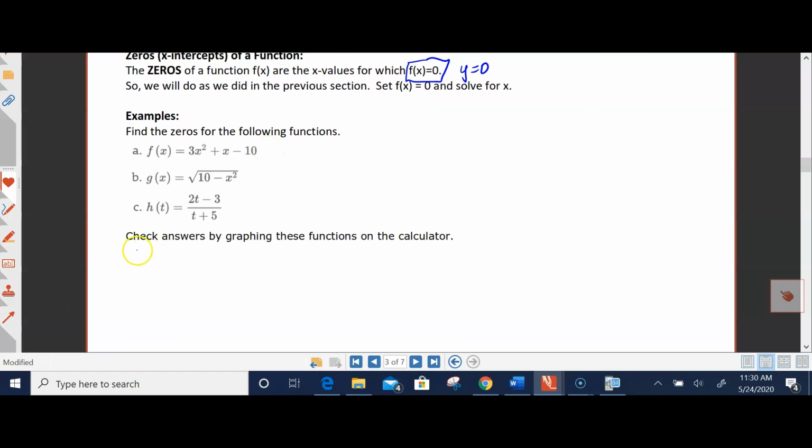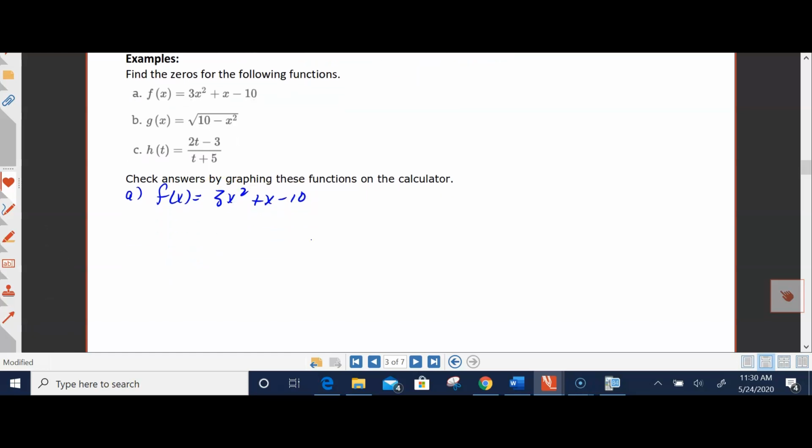So let's take a look. Let's look at A. I've got the function f of x equals 3x squared plus x minus 10. And to find the zeros, I'm going to set that equal to 0. What I notice about this resulting equation is that it's a quadratic.